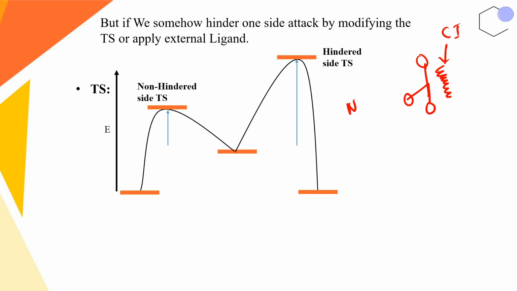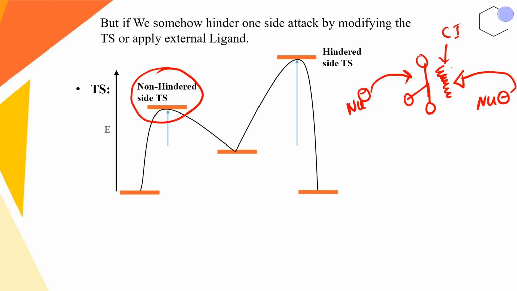So the nucleophile approaching from this side has the lower energy barrier TS over the nucleophile approaching from this side, which has the higher energy barrier, because a chiral influence is there which restricts the nucleophile from attacking from the backhand side. So the activation energy of that particular case is increased manifold over the nucleophile coming from the non-hindered side.